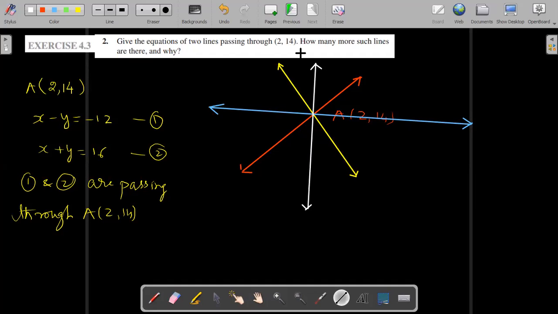How many lines can we make? How many such lines are there? Infinite number of lines. Whatever we can do, we can draw the lines. So that means infinite lines.